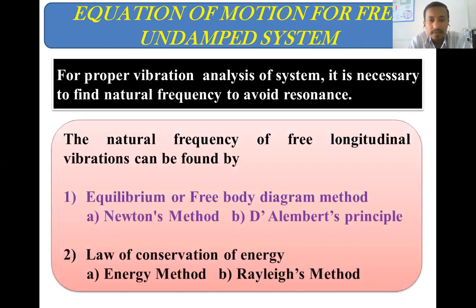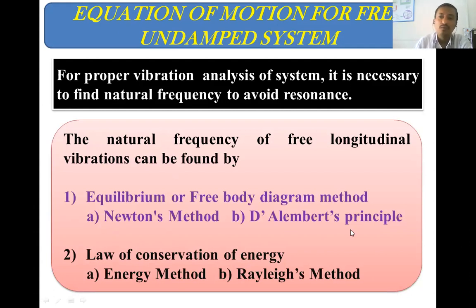The natural frequency of free longitudinal vibrations can be found by different methods. The first one is the equilibrium or free body diagram method. In this case, there are two methods again, Newton's method and D'Alembert principle.